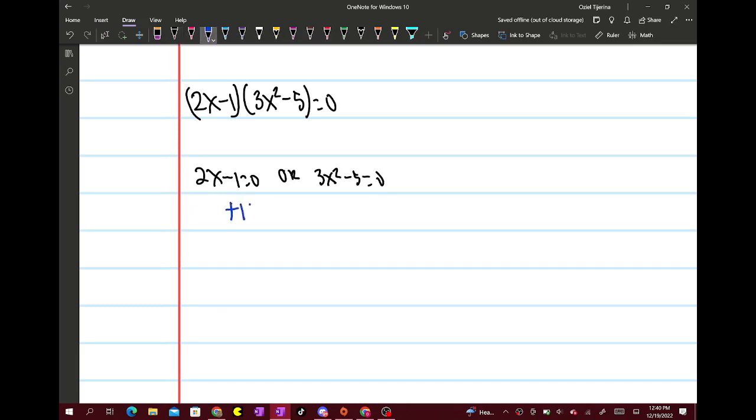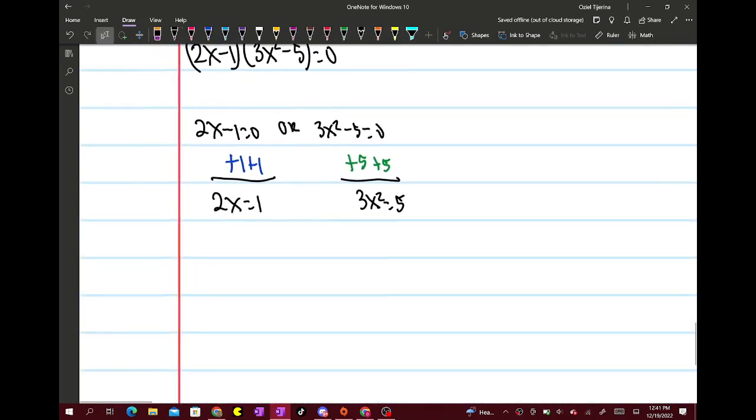Adding 1 to both sides here, I get 2x equals 1, and adding 5 to both sides over here, I get 3x squared equals 5. Oh, and by the way, we're going to divide both sides by 2, right? So this would be x equals 1/2.